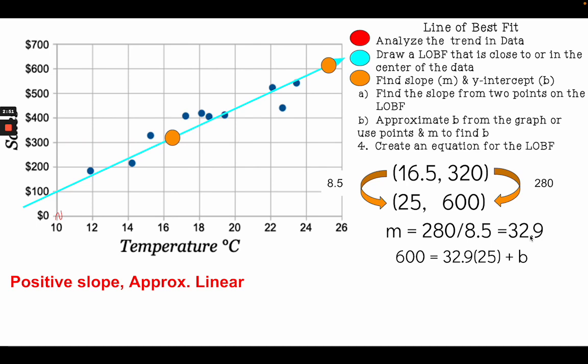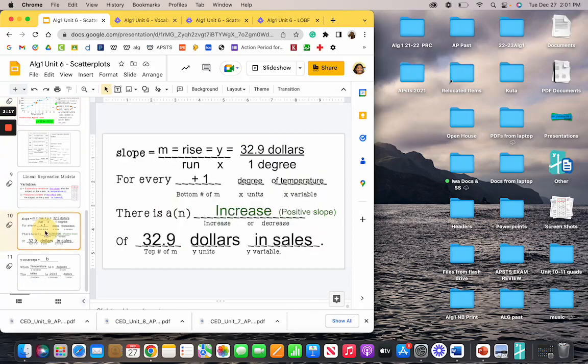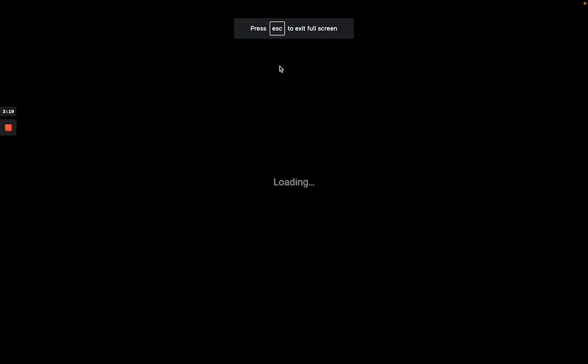And we know that slope is really a fraction, so we're going to say 32.9 over 1. And then our y-intercept is negative $223.5. Okay. So let's go back to our trend in data. And so this is where I got those numbers from.